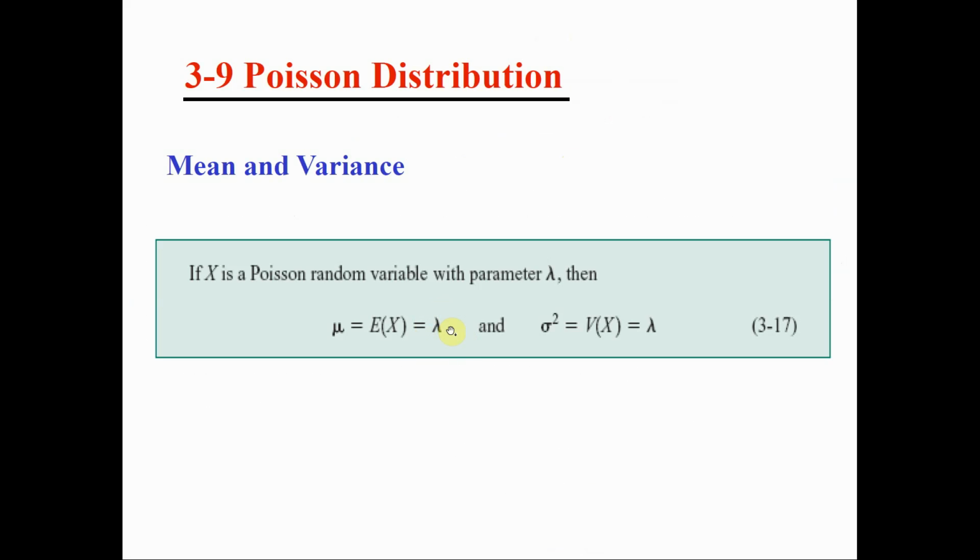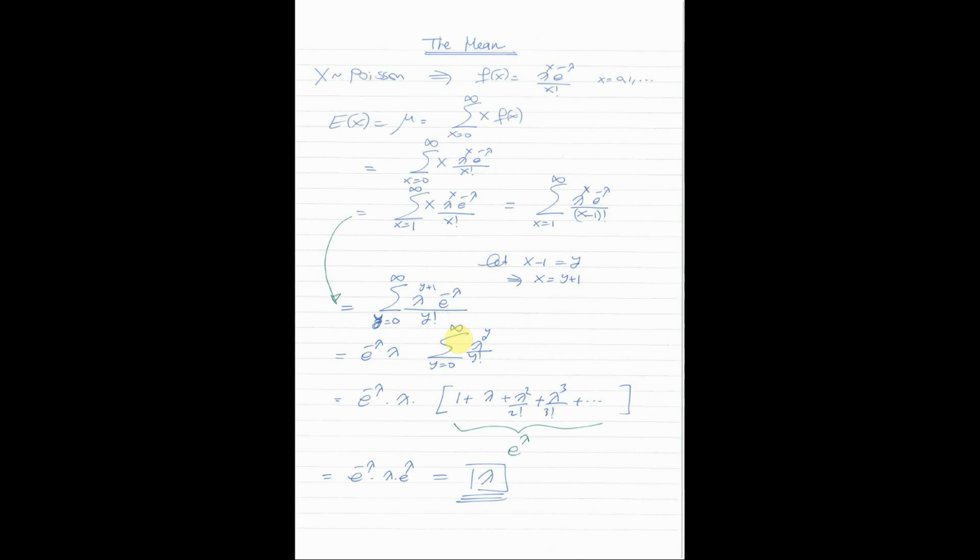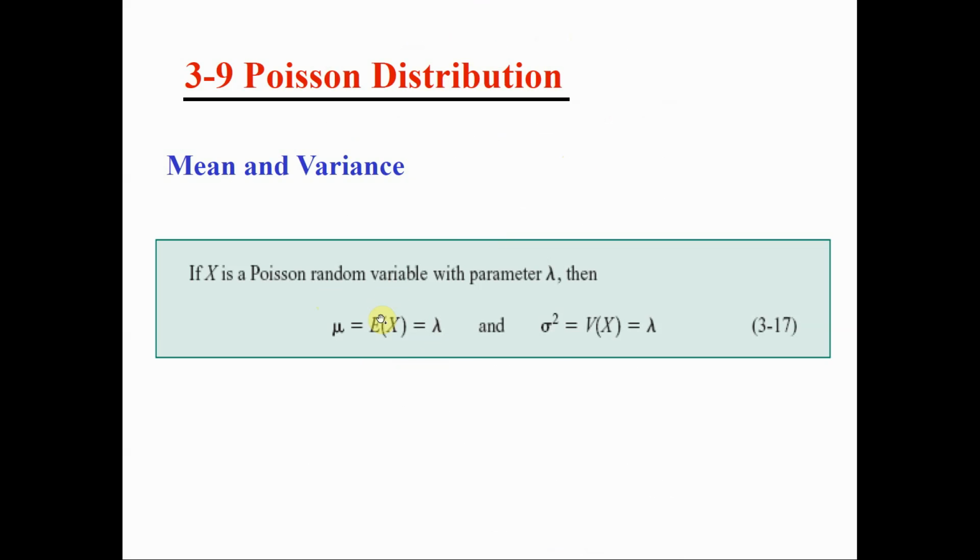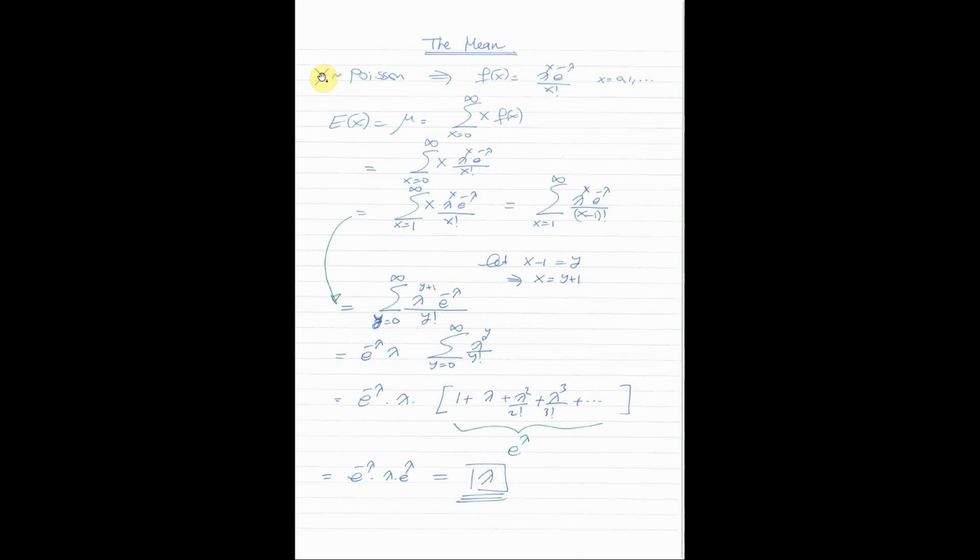However, let's assume that we're not noticing this. Let's do it purely mathematically. So I would like to calculate the mean, the expected value of a Poisson distribution. So x follows a Poisson distribution, which means that f of x, the probability mass function, is given by lambda to the power of x, e to the power of minus lambda over x factorial, where x is 0, 1, or 2, and so on, going until infinity.